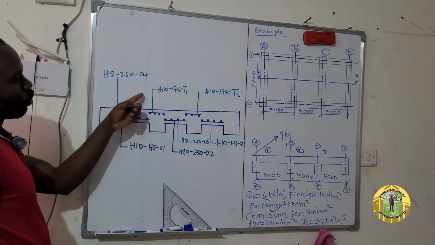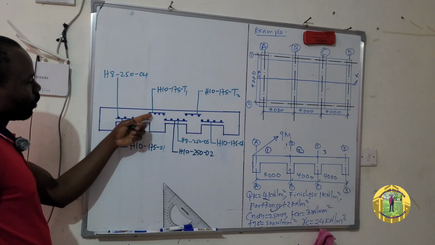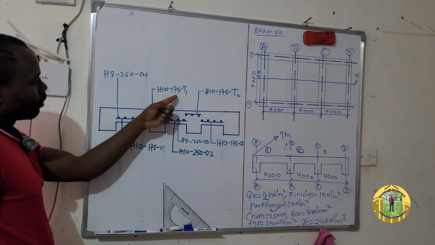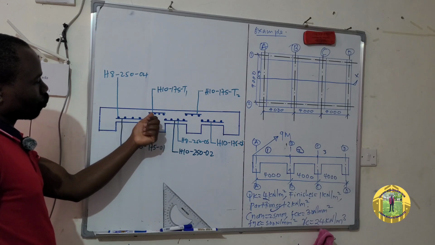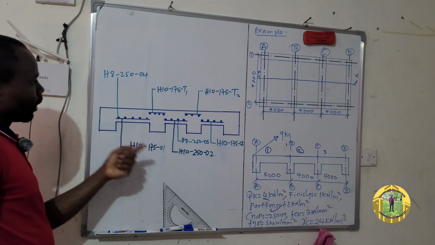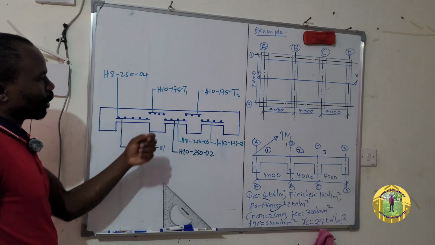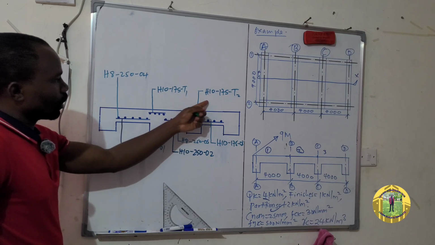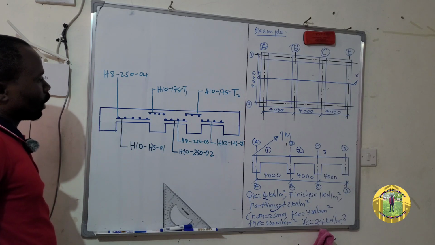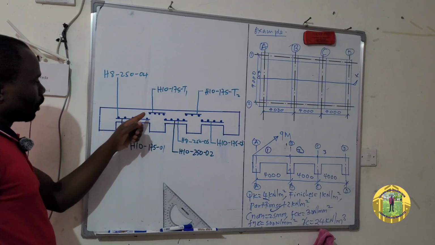And then you come to top reinforcement. We have the top reinforcement here, H10 at 175, top 1. So this is top 1, the one for the main. And then we come to the main at this point again, H10 at 175, top 2, this one. And then we have the distribution bars. Here it is.